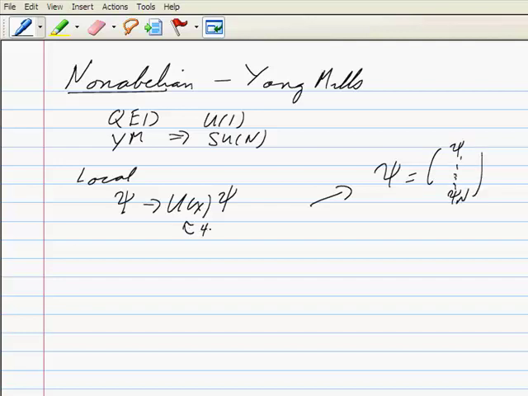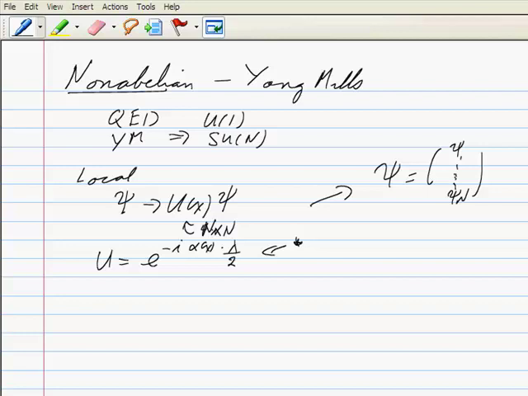So this is an n by n matrix, and we'll parameterize it as U is e to the minus i alpha of x dot lambda over 2. I'm sticking a factor of 2 in there, which I haven't been writing in the past. It's clearly convention because alpha is completely arbitrary, but it makes some formulas look nicer as we go along.